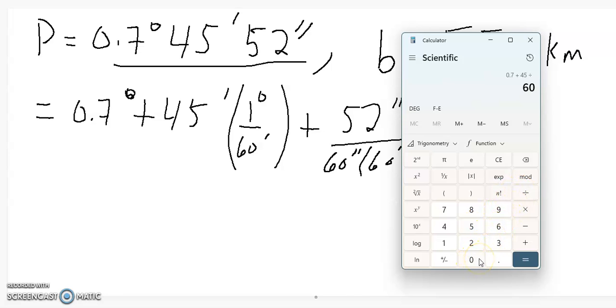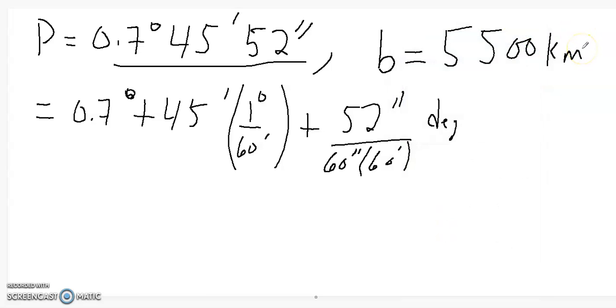It's going to do the multiplication and division first, and then plus 52 divided by 60 squared. That's just a very small fraction, right? So there's our angle. I'm going to round it to 2 places past the decimal. So the angle is 1.46 degrees.